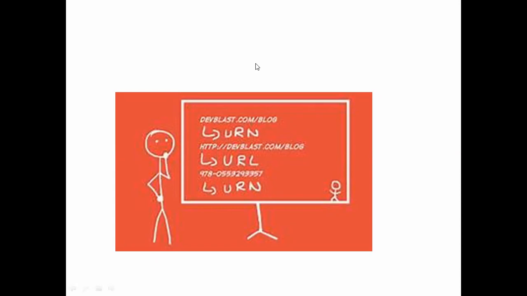Take the first example. In this, we have the host name followed by the subdirectory name. Here we didn't specify the protocol. That means we are specifying only the name of the resource. For a URN, there is no need to specify the protocol. So we can say this is an example of a URN.